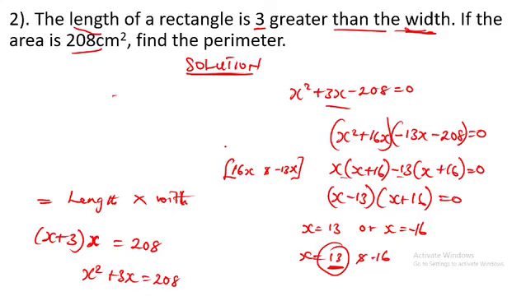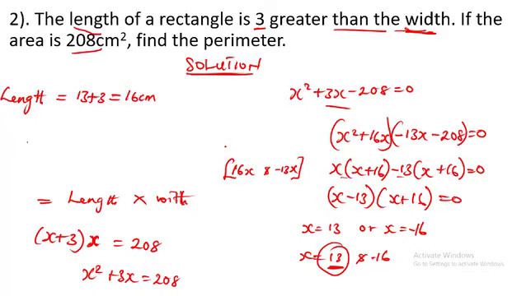Okay, we've gotten our width to be 13. So our length will then be equal to what? 13 plus 3, which is equal to what? 16 cm. That's the length.